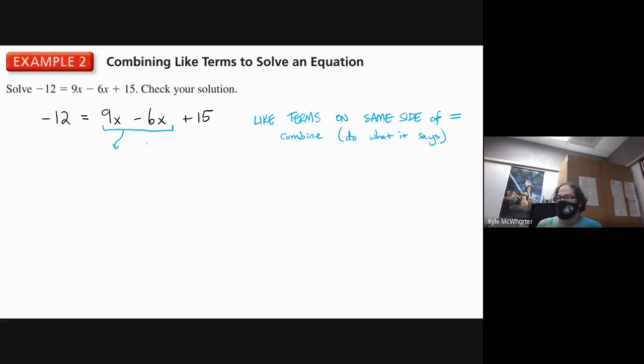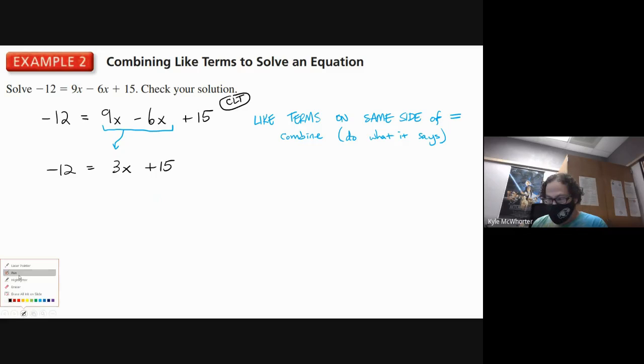It said 9x minus 6x, and we got 3x. So on this step, all we did was combine like terms on the right side of the equation. Now that we have simplified as much as we can on both sides of the equal sign, because there are no more like terms on the right side and nothing going on the left, now we can start doing inverse operations to isolate the variable.